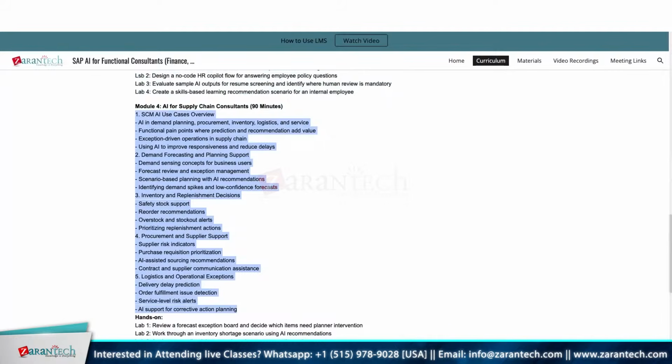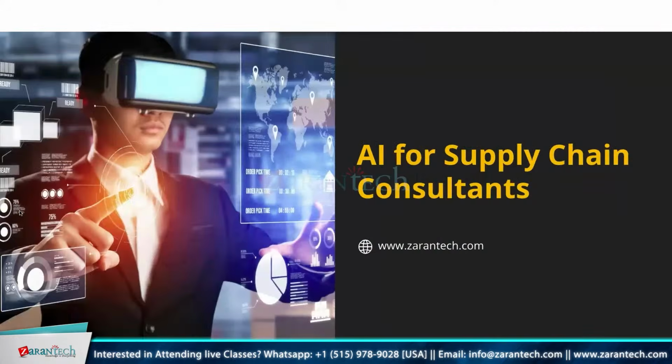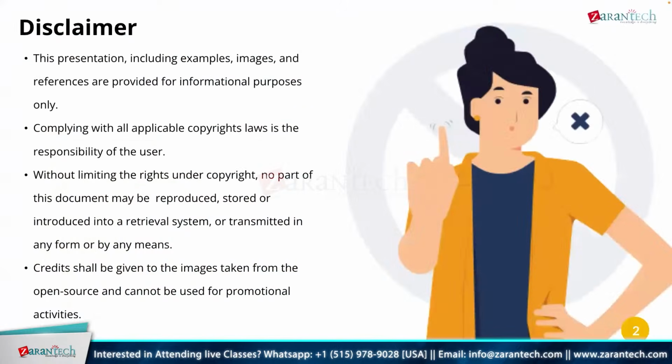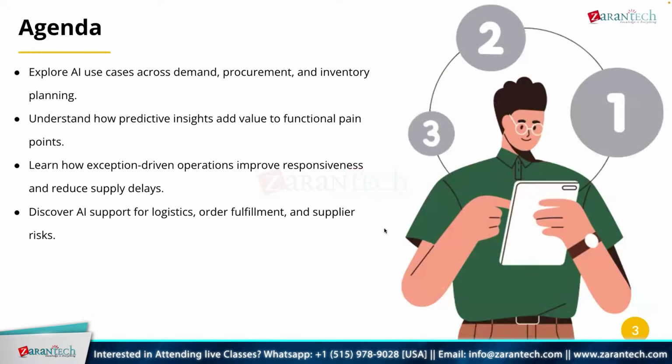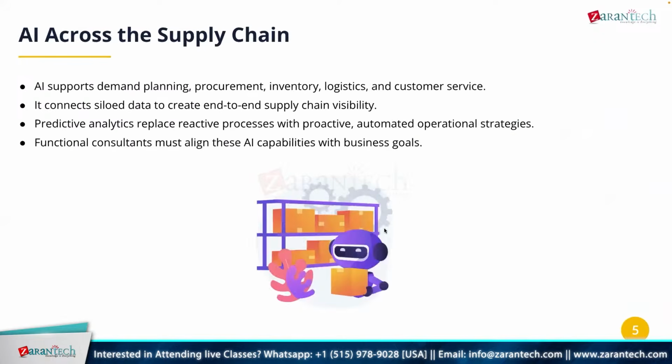Okay. So now, all right. Okay. So small disclaimer before we start for this. All right. So this is the agenda for this. So module learning outcomes. So AI across supply chain. Okay. So as we see here, definitely AI supports SCM, like end-to-end supply chain decisions, basically.